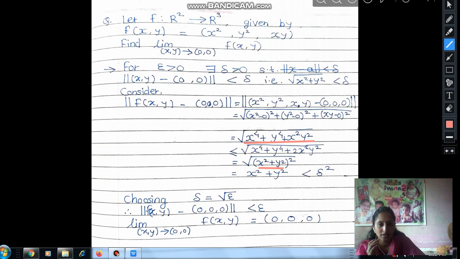So we get in brackets the square of x square plus y square, and the square root will cancel. Only x square plus y square remains. Square root of x square plus y square is less than delta, means x square plus y square is less than delta square. So here we choose delta equal to root epsilon. We get norm of f of (x, y) minus (0, 0, 0) is less than epsilon. Therefore the limit of that function is equal to 0.